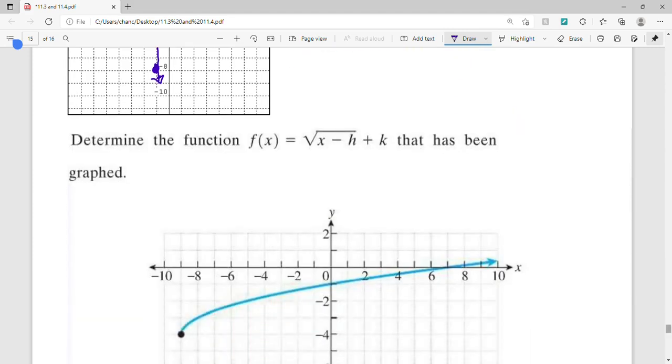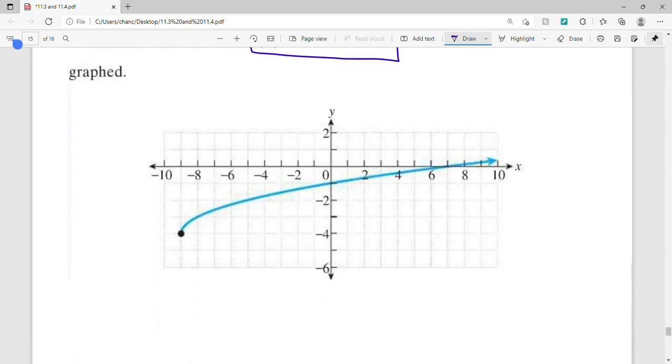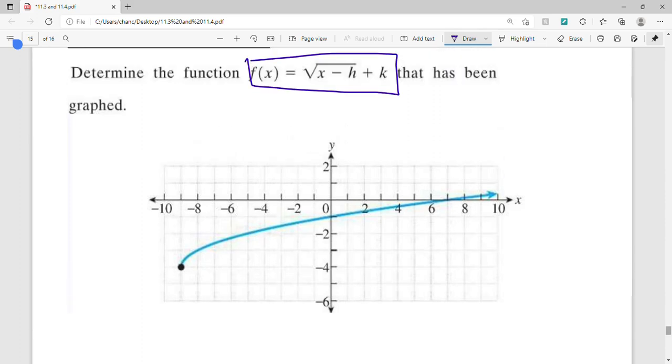In the next question, we are asked to determine what is the original function. This is a square root function, so all we need to do is tell the person what h, k is. So let's look at the graph. The endpoint here is located at -9, comma, -4. This is my h.